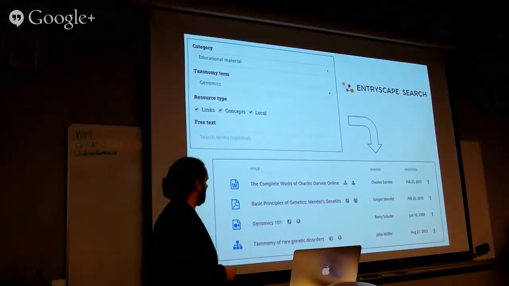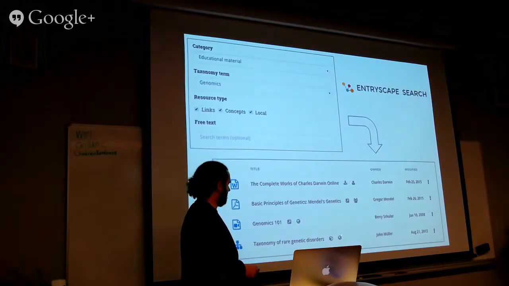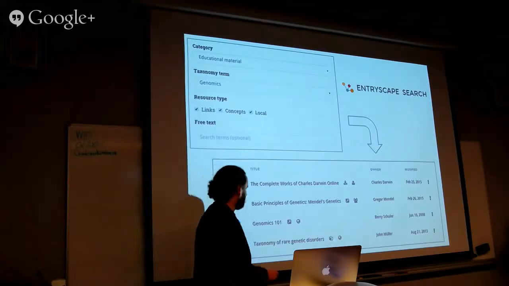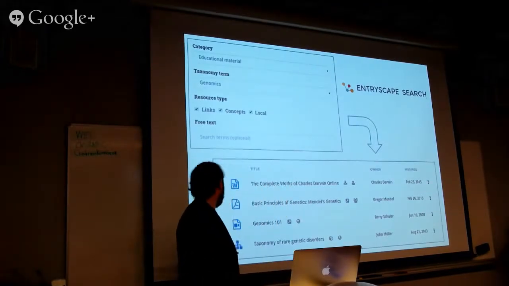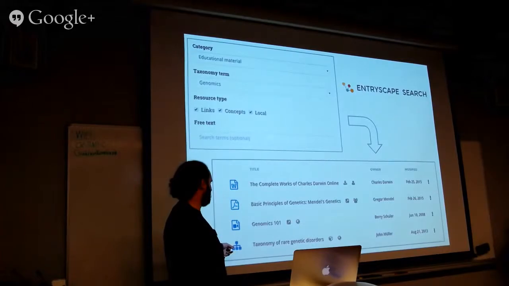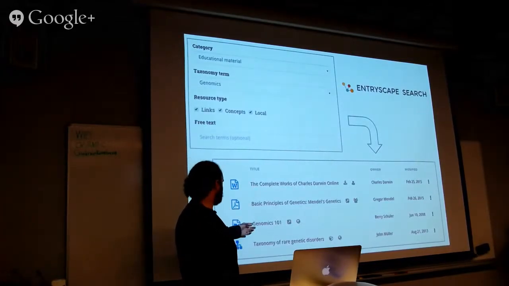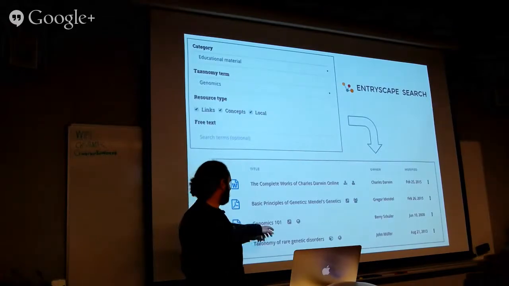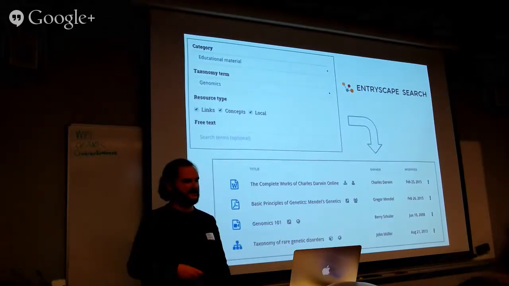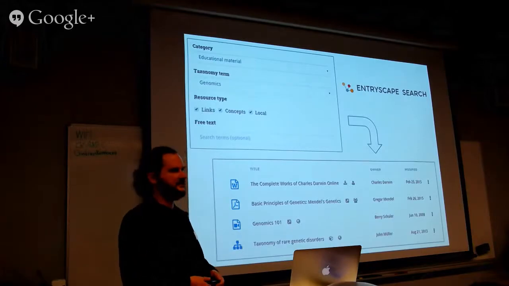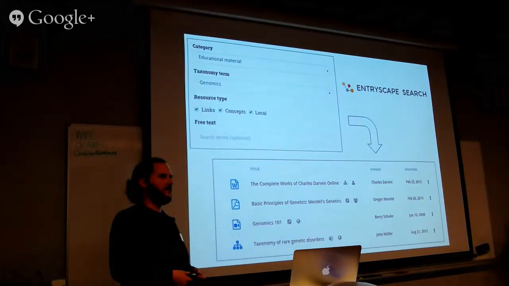Here I can see that public information with a little globe here. This is actually a concept because I also found a taxonomy of rare genetic disorders. A video on TED. This is a link to an external system. So this is a very flexible way of actually managing information that is distributed.